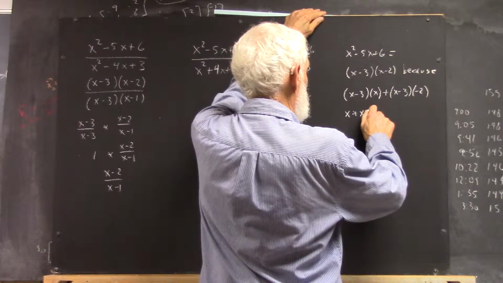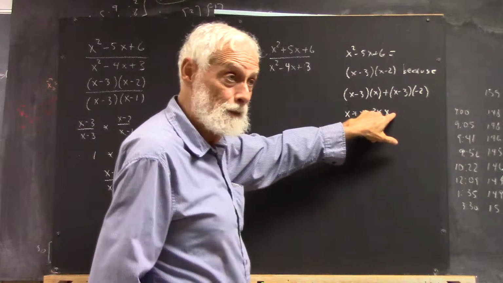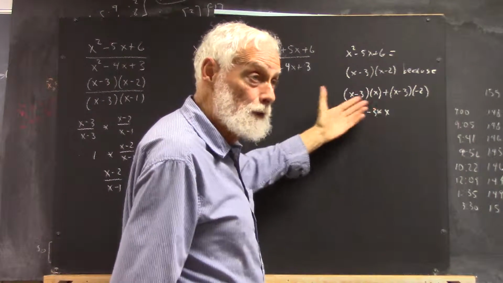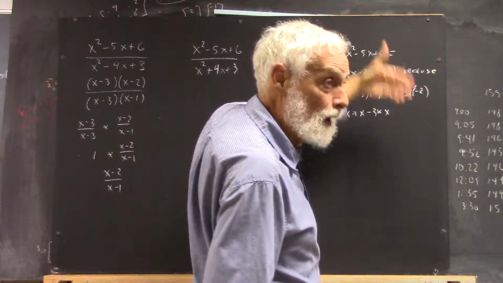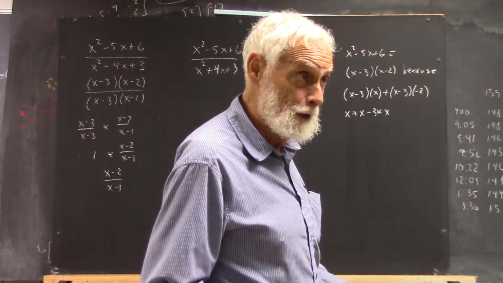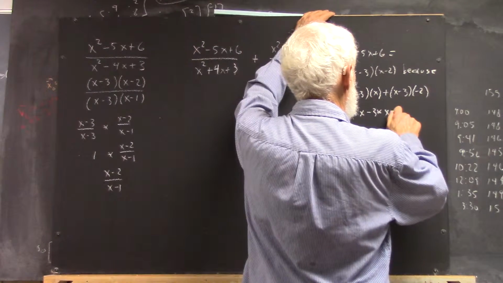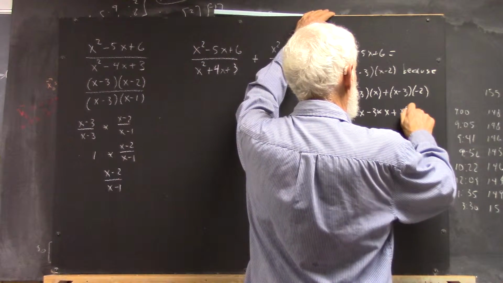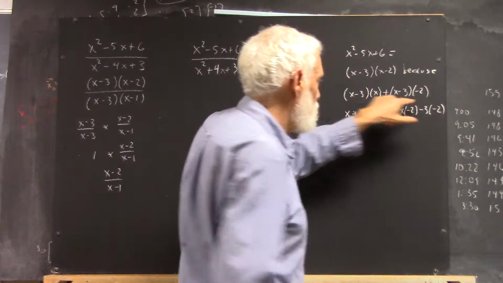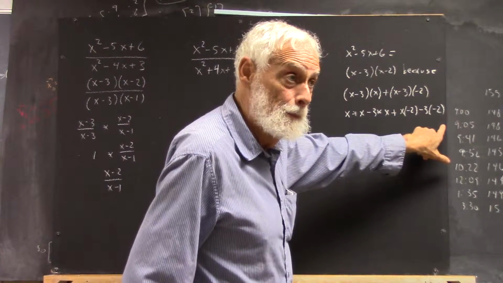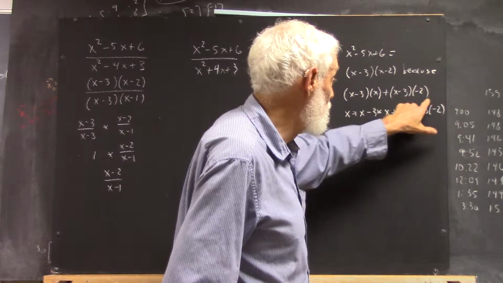And that's x times x, minus 3 times x here. I mean, that is the distributive law here, very much like the x plus 3 times 9 that you recognized immediately. It's the same type of thing. And if I distribute here, I get this times this minus this times this.